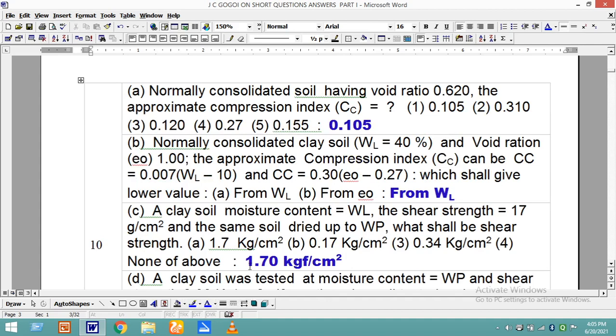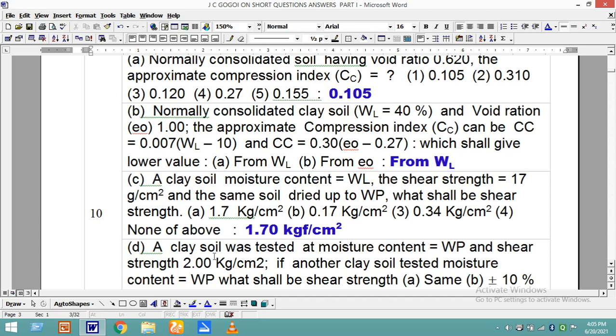The maximum shear strength is obtained at the plastic limit. When it is 17 gram per centimeter square at liquid limit, then at WP of the same soil it will be 1.7 kg per centimeter square, about 100 times. It is almost universal.